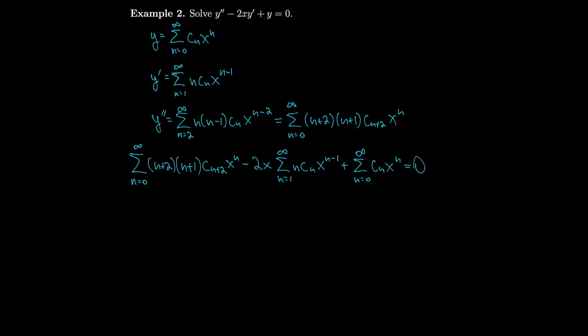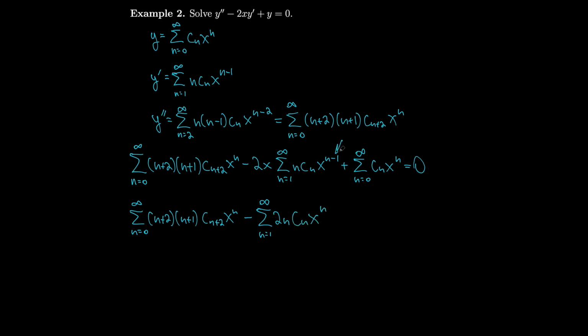So we can simplify this a little bit and throw in the x and throw in the 2. So let's do that. We'll rewrite the sum from n equals 0 to infinity of n plus 2, n plus 1, Cn plus 2 x to the n, and then we'll write the next term as the sum from n equals 1 to infinity of 2n Cn x to the n.